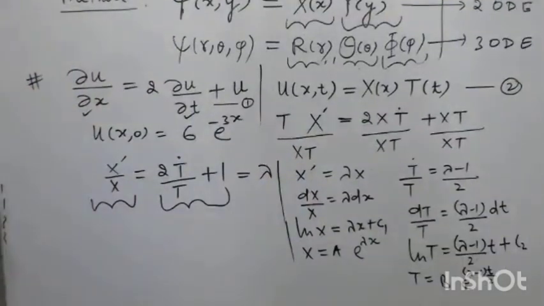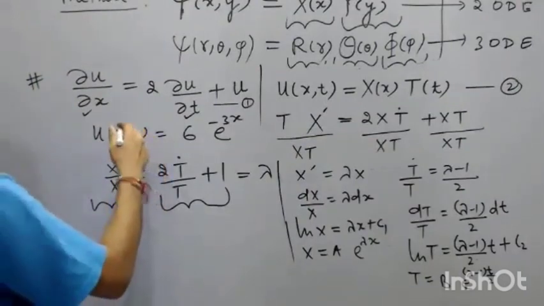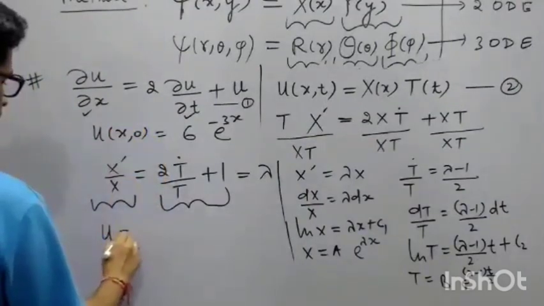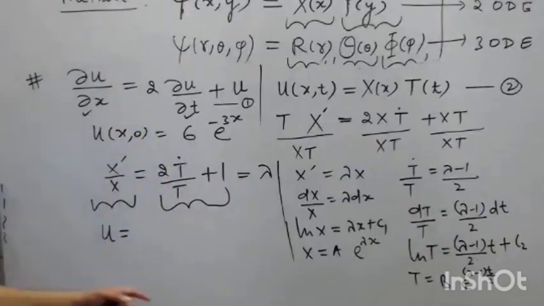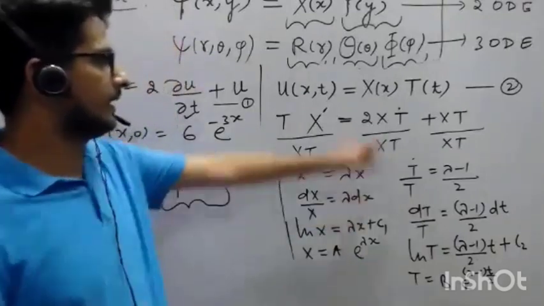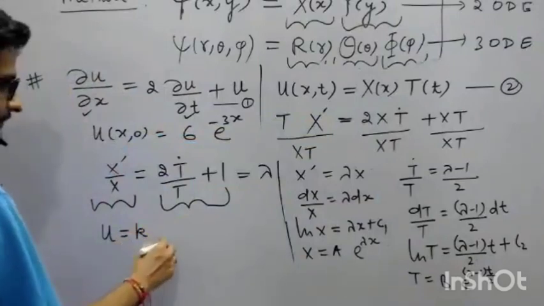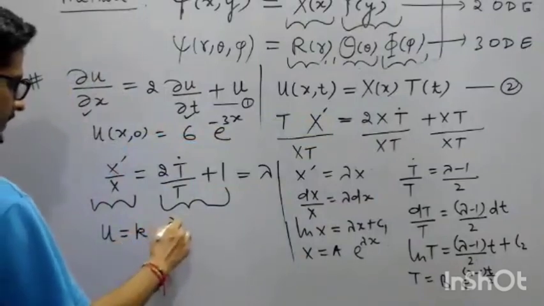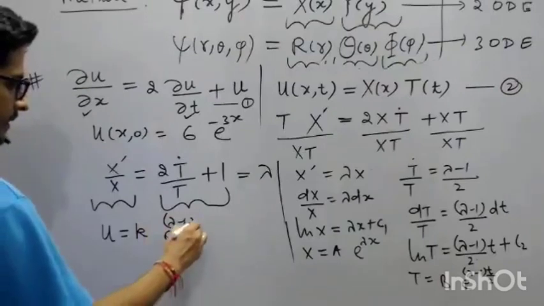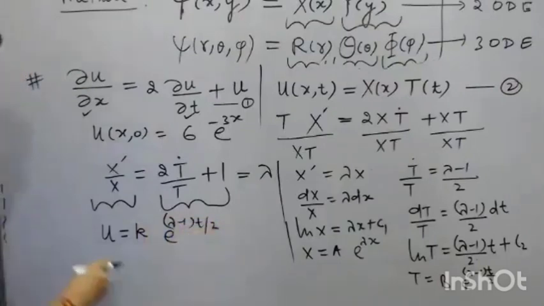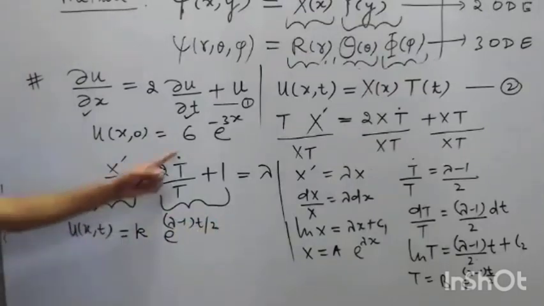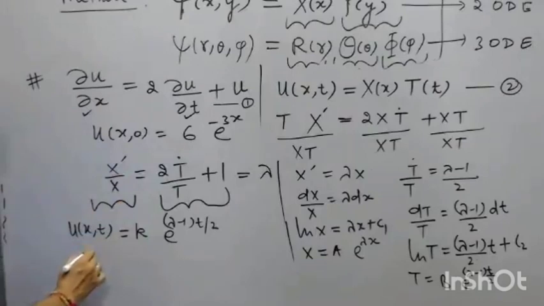So what will be the value of u? Both will be multiplied. Capital X and capital T is the value of u. So it will become some k times e to the power lambda x times e to the power lambda minus 1 t by 2. Correct? Apply the condition. So put t is equal to 0.